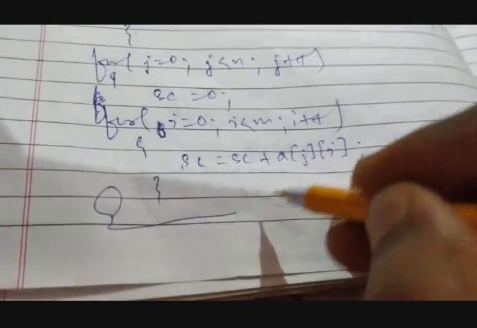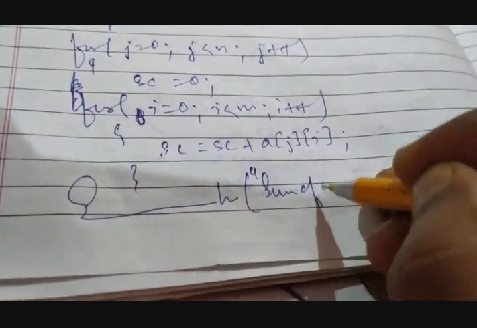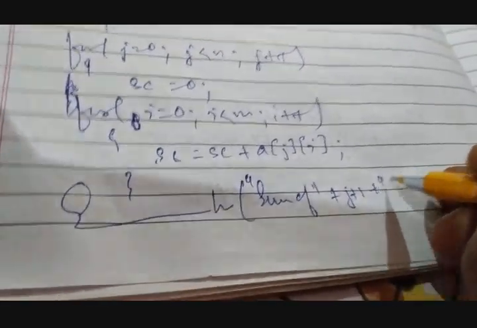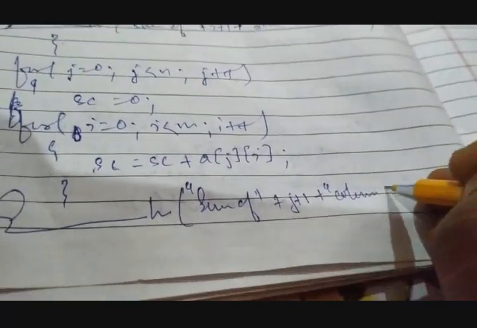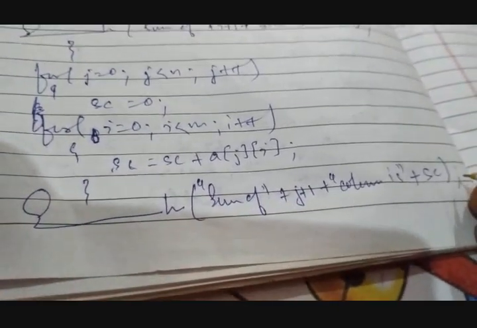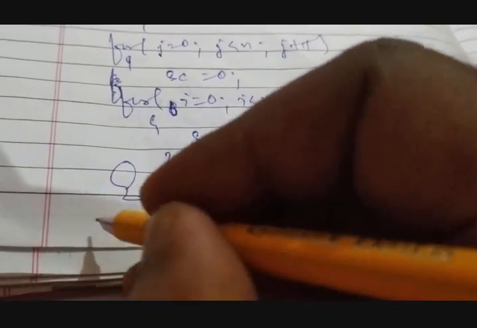So print "sum of" plus j plus 1 plus "column is" plus sc. ठीक है, close the outer for, close the main, close the class.